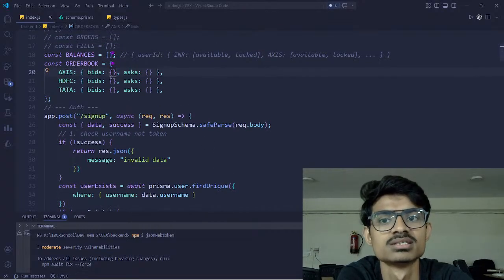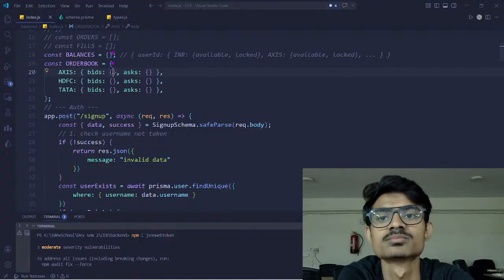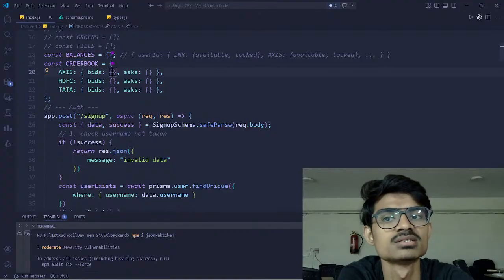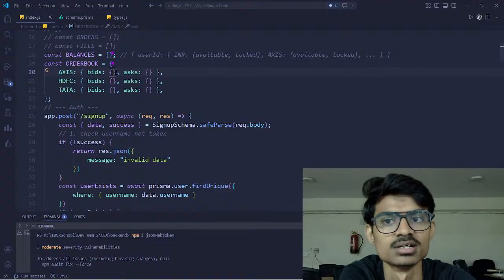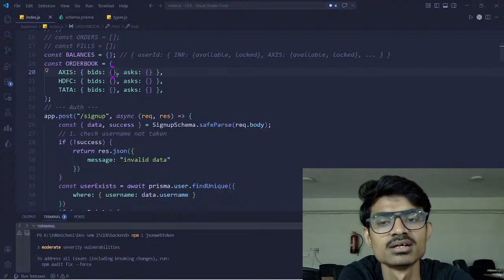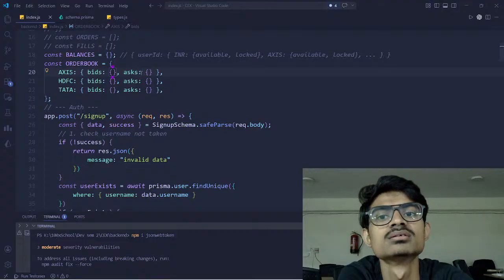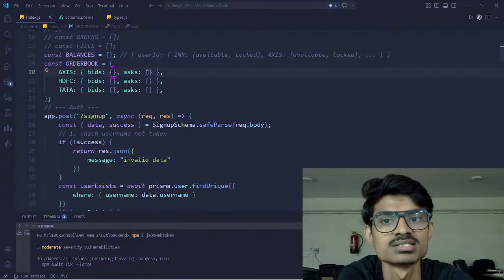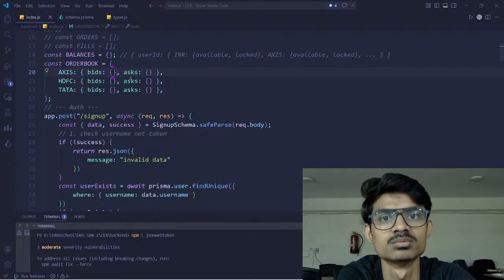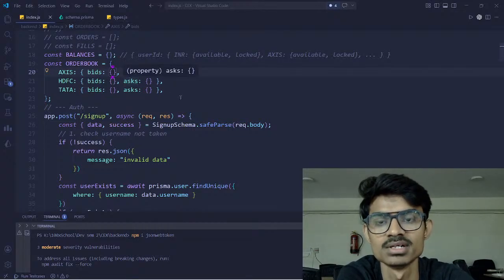There would be the price and the quantity, how much I want to buy at what price, and this would sit here until an update comes in the asks that is less than or equal to the price that I have quoted.